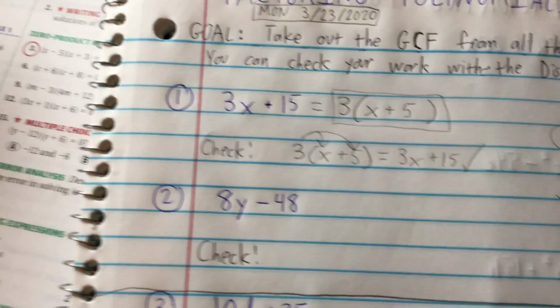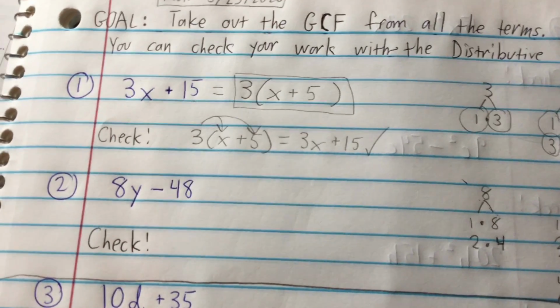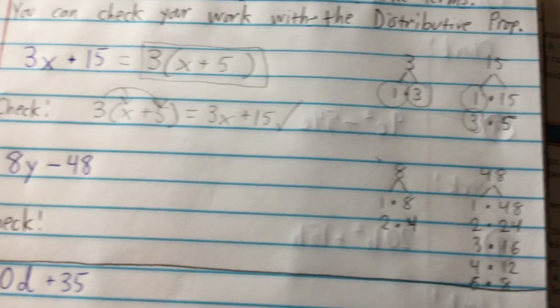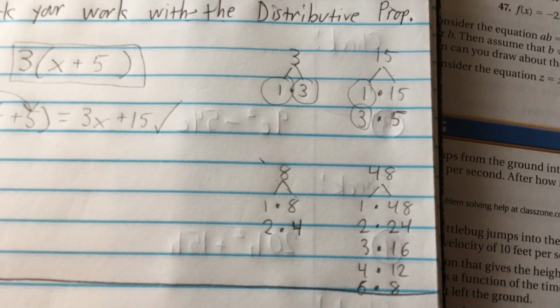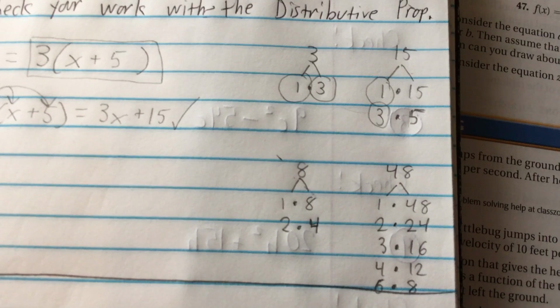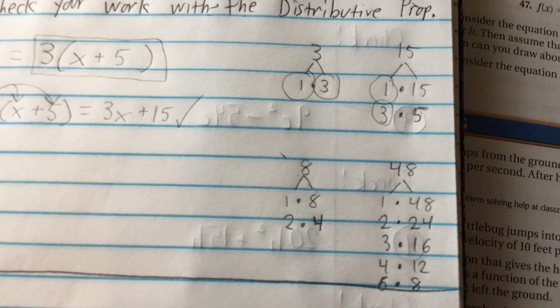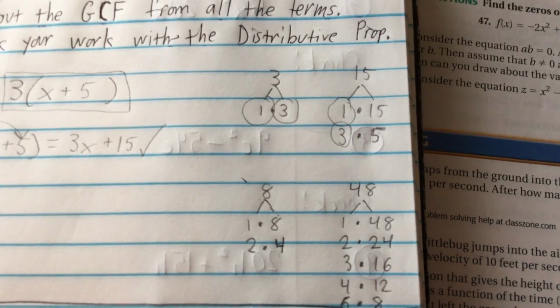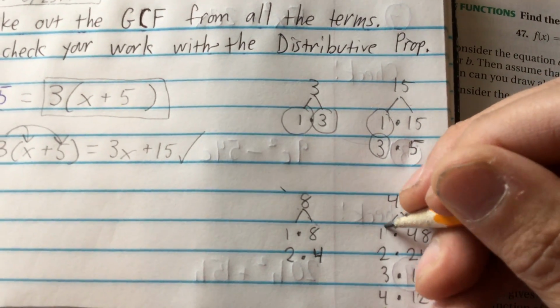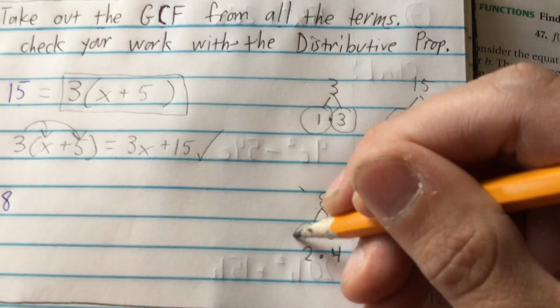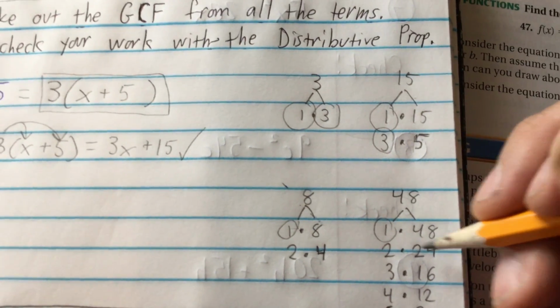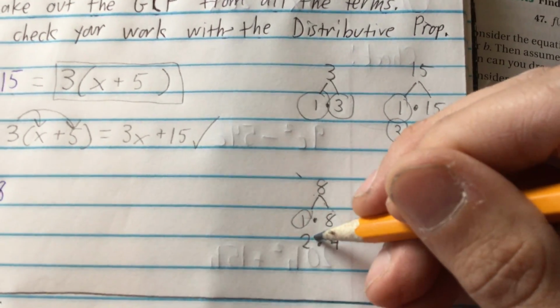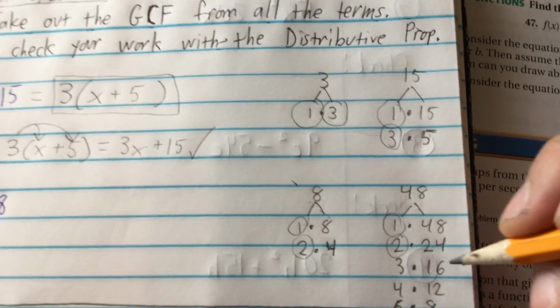Okay, so what do I do? I make a little table for 8. Well, 8 is equal to 1 times 8, or 2 times 4, and I've run out of factors. Okay. 48 can be broken down into 1 times 48. Got a 1 in common. 2 times 24. Got a 2 in common. 3 times 16.